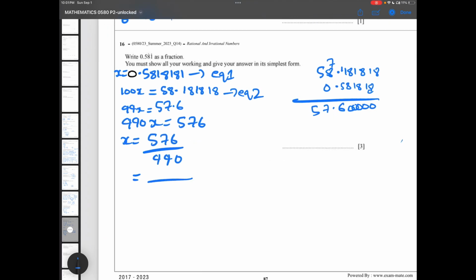So 990 becomes 495, right? And 576 divided by 2 is 288, right? So now we have 288 upon 495.